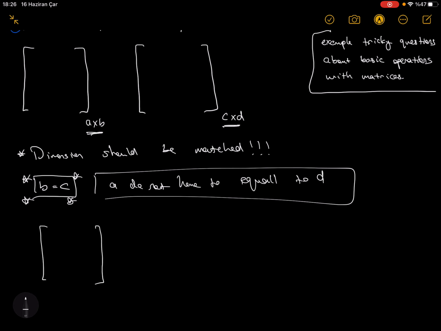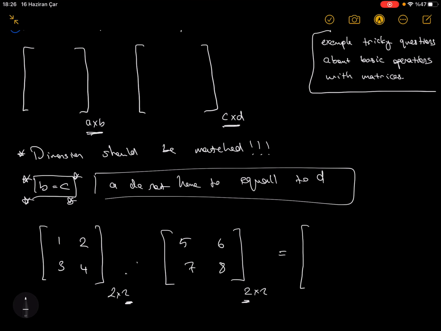Let's say this is a 3 by 4 matrix. I am going to start with a simple example, sorry for that. Let's start with a 2 by 2 matrix times a 2 by 2 matrix. So B and C are matching. There's no problem, no violation to make a matrix multiplication. I am writing just random values.